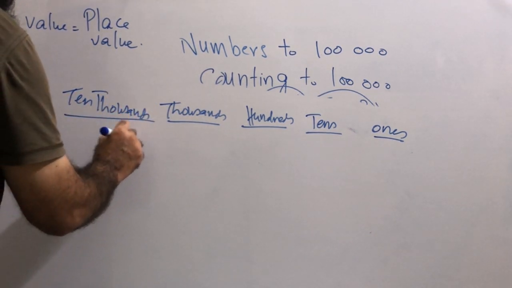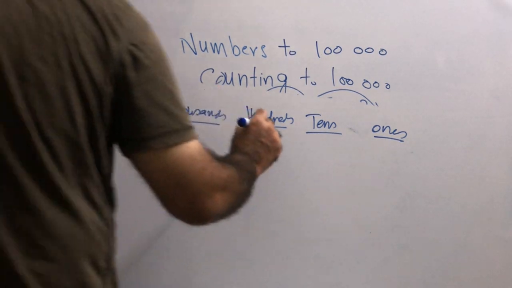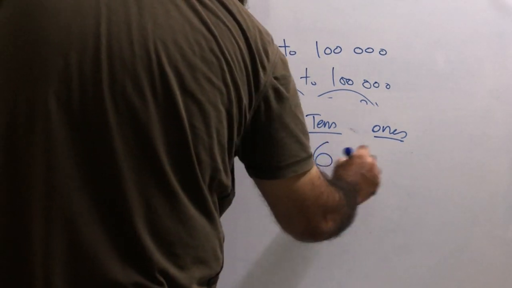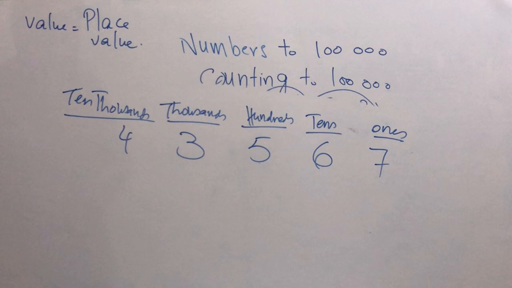Okay, the number is 4, 3, 5, 6, 7. Okay, how to write or express this number in English?